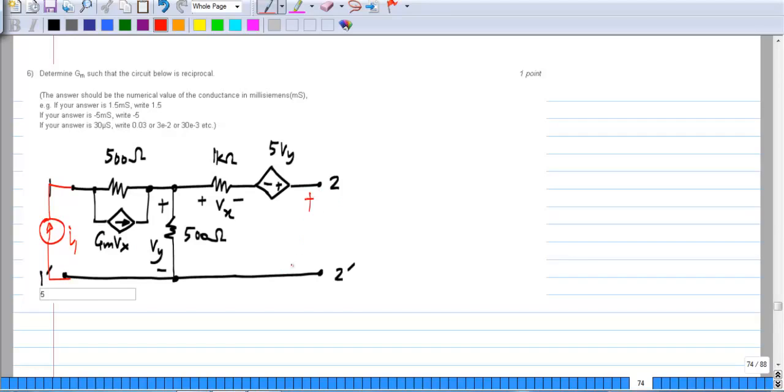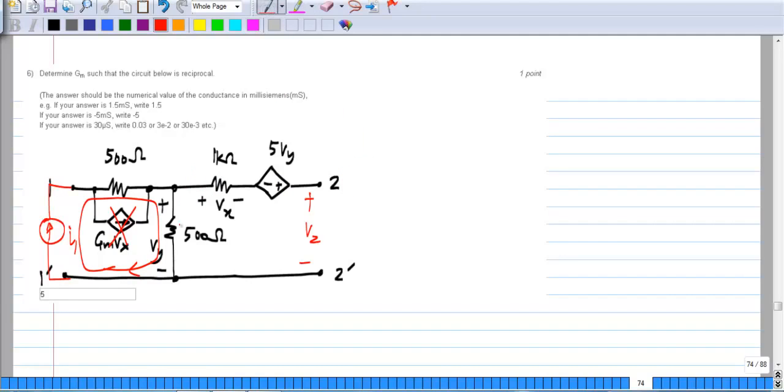So first I'll apply I1 and measure V2 with port 2 open circuited. They should give me Z21. Now with port 2 open circuited, the current in this branch is 0. So Vx is 0. So this just goes away. And we see that all of this current has to simply flow in this loop because nothing can go into that one.